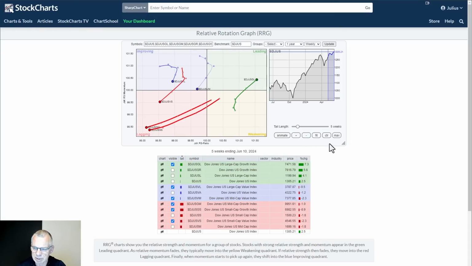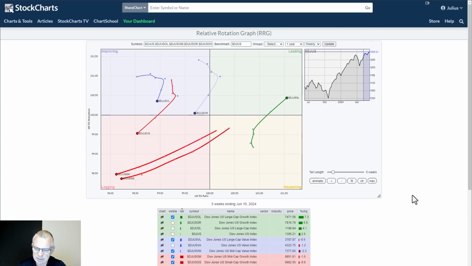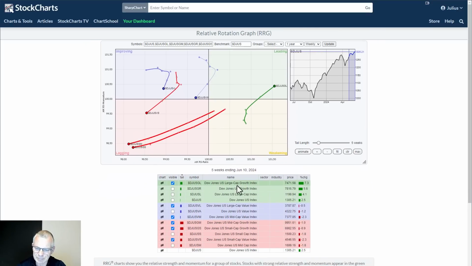So this is the RRG that plots six tails. We have large cap growth, large cap value, mid cap growth, small cap value. And as you can see, all these tails here are rolling over, going negative.